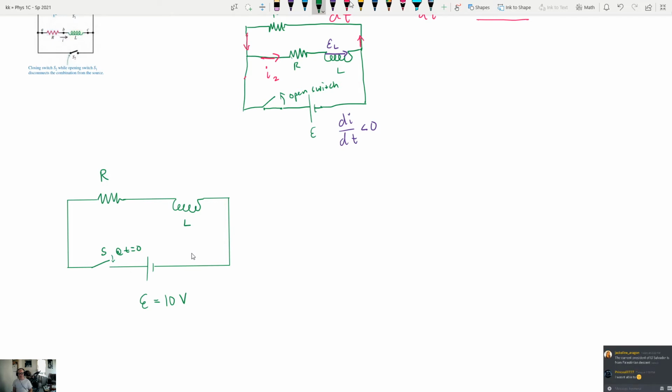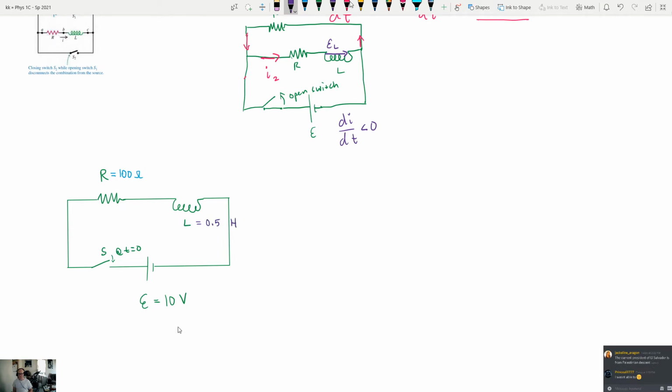So we need to pick a time interval over which the current is going to reach maximum. And to do that, I'm going to put some numbers in here. Let's say this is 100 ohms. And let's say the inductor is like 0.5 henries.